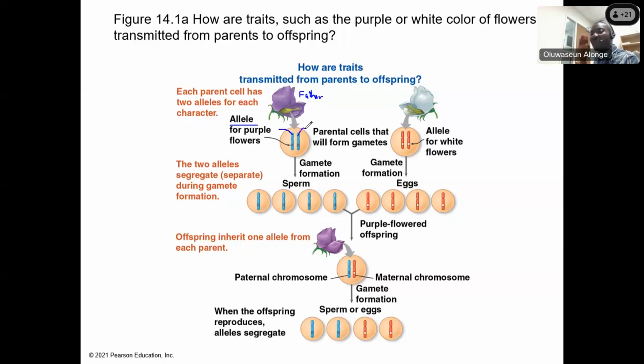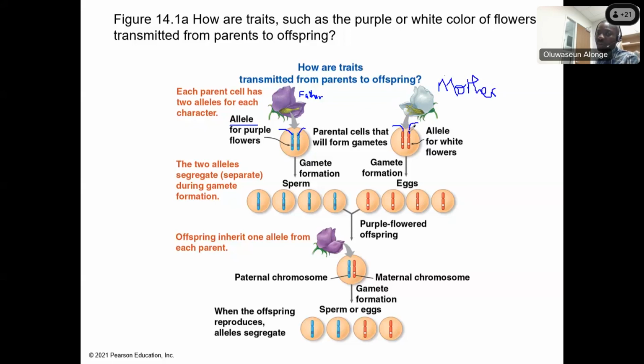For every trait that you have inside of you, there is a contribution from your father and a contribution from your mother. That is the idea. The same thing applies to the mother here: this mother as well has this trait from her father, and this from her mother.